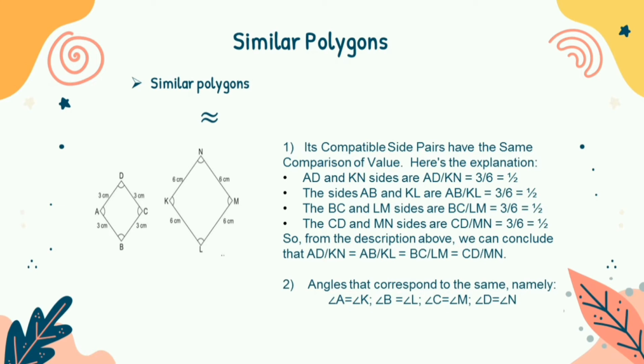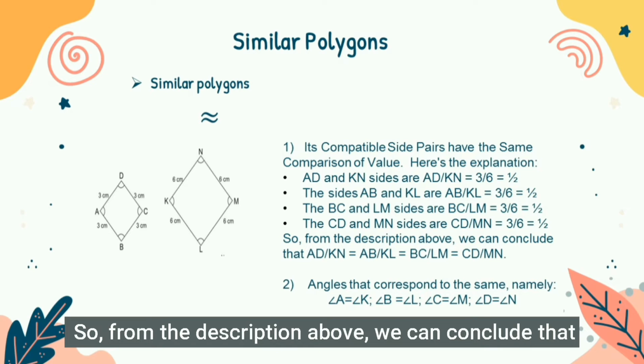Sides AB and KL: AB over KL is equal to 3 over 6, equal to a half. Sides BC and LM: BC over LM is equal to 3 over 6, equal to a half. And sides CD and MN: CD over MN is equal to 3 over 6, equal to a half.